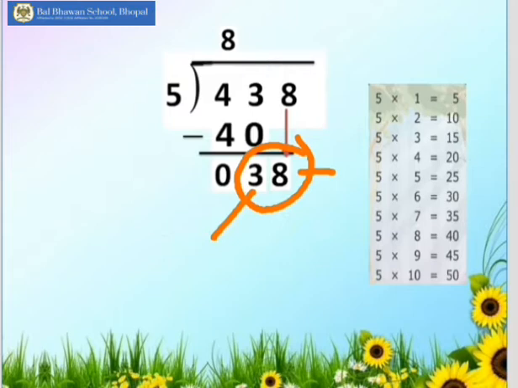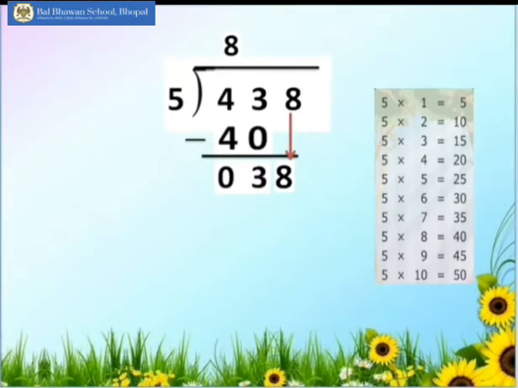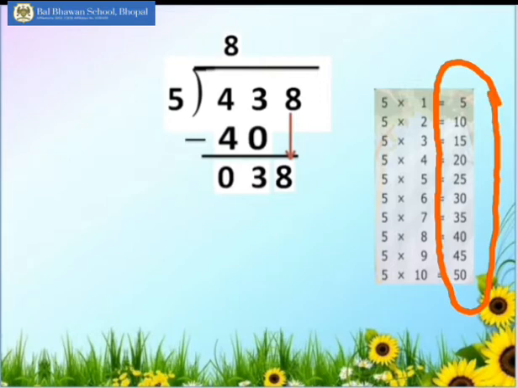Now we will search this 38 in the table of 5. Children, as we can see here, 38 does not come in the table of 5. So what will we do next? Yes, children, we will look for a number which is less than 38, but it should be nearest to 38 also.